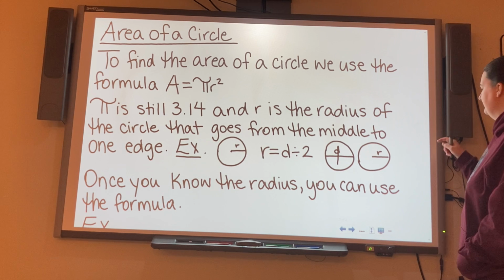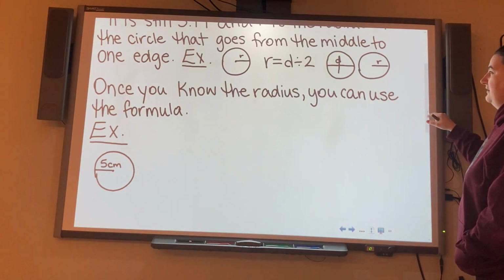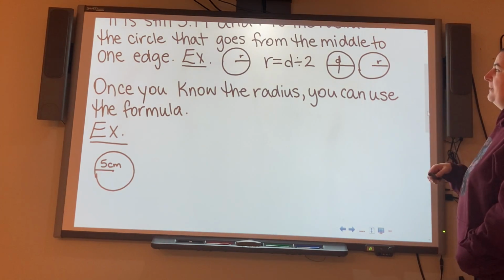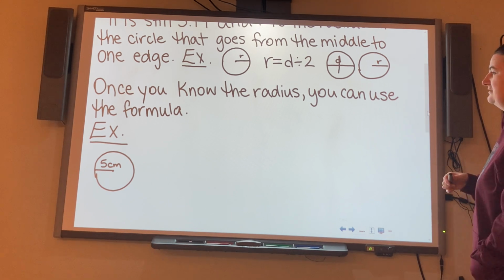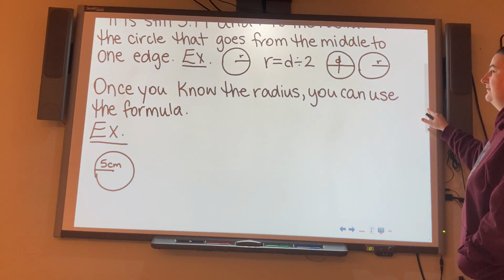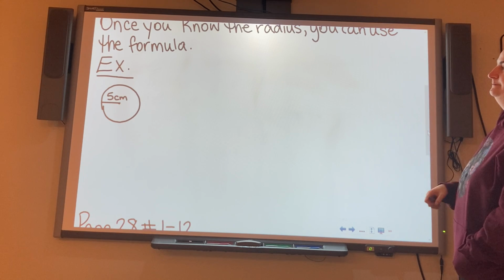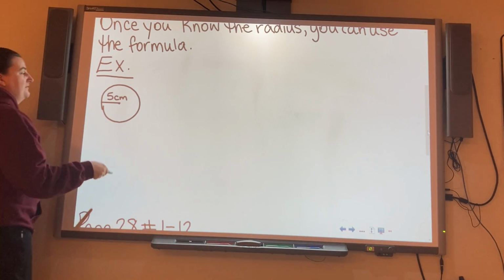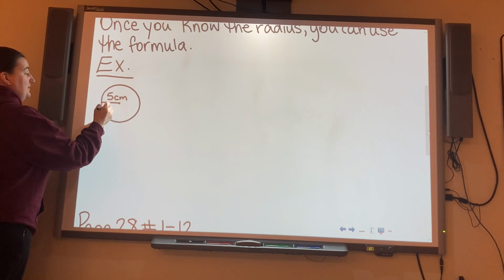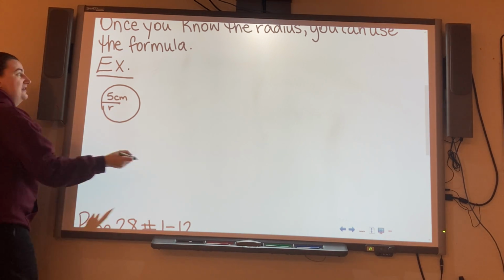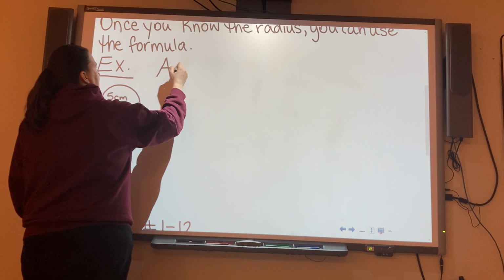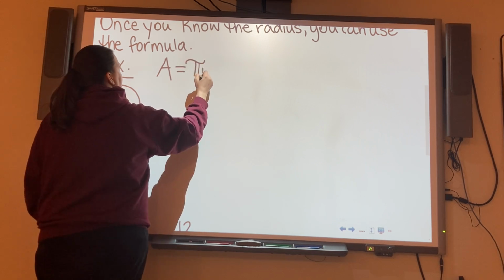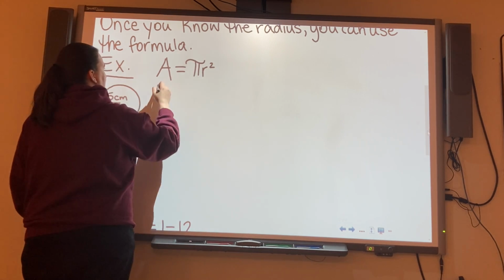All right, so what do we got? Once you know the radius, you can use the formula. So we've got an example down here, and here it is. Remember, the radius goes from the middle to one side, so this one's perfect. That's a radius. So area equals pi r squared.